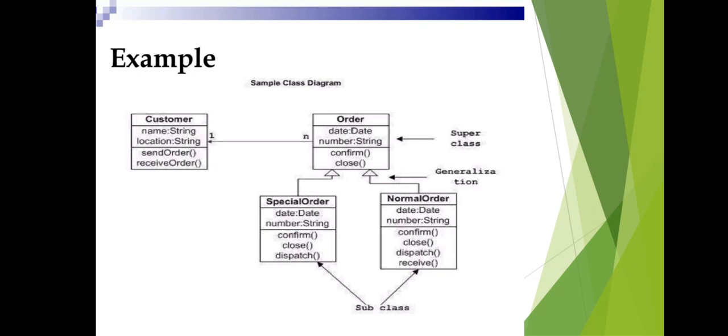Order has date and number attributes, and confirm and close as its two operations. Order is also divided into two classes, Special Order and Normal Order. Normal Order is a subclass of Order. So this class diagram shows the relationship between Customer and Order.